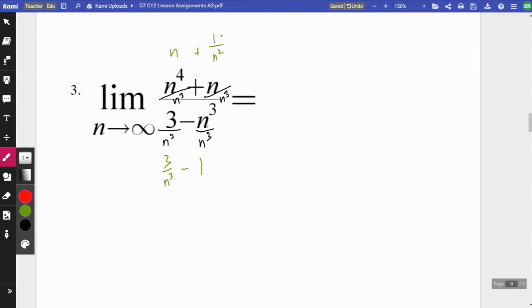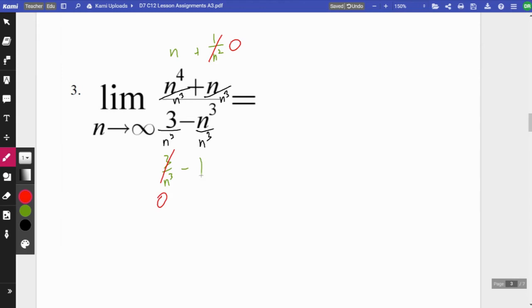So this term right here is going to turn into a 0 as we're plugging in really large numbers for n. 1 over a really large number is essentially 0. 3 divided by a really large number to the 3rd power, 0. And then I have a 1 here. That'll be unaffected because I'm not plugging in a number.